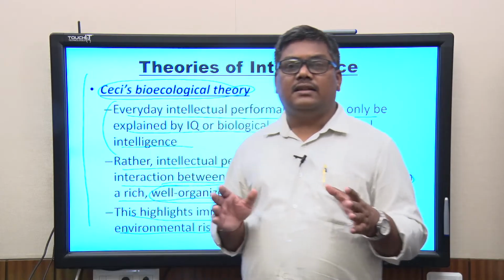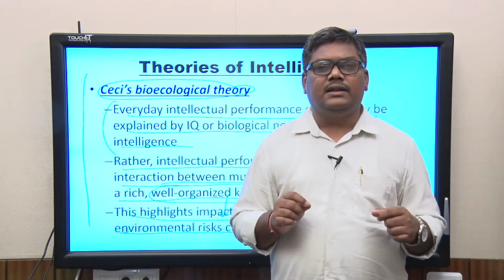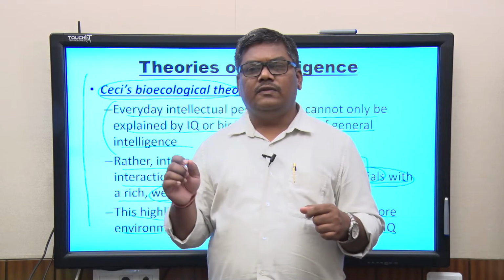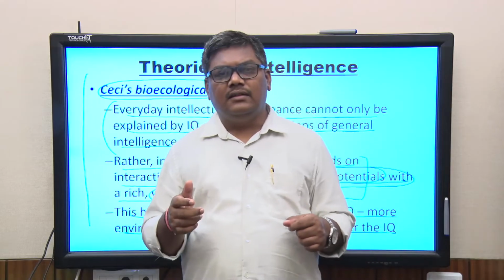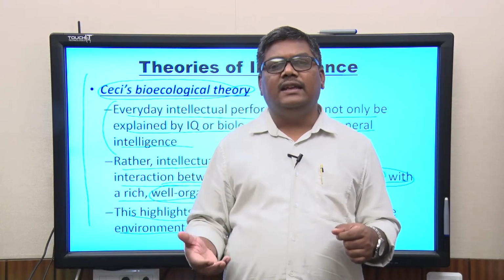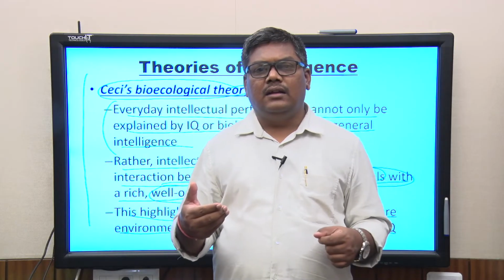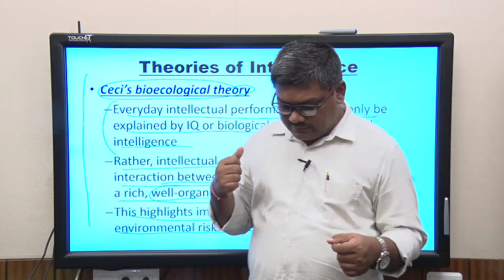So, let us start by looking at two parameters of what an intelligence test should have and how these parameters define what an intelligence test is or how good an intelligence test is.